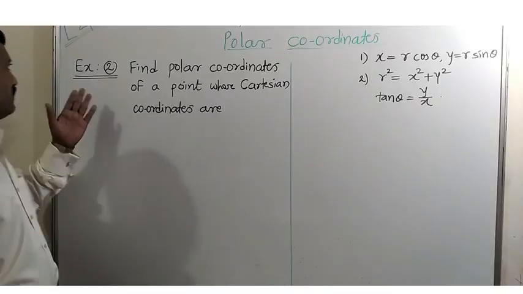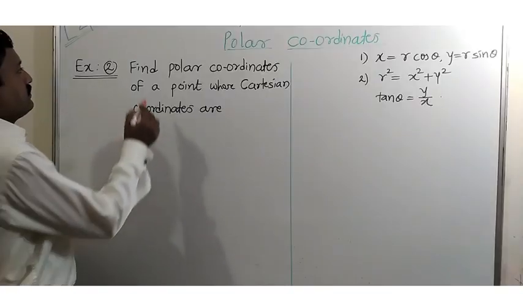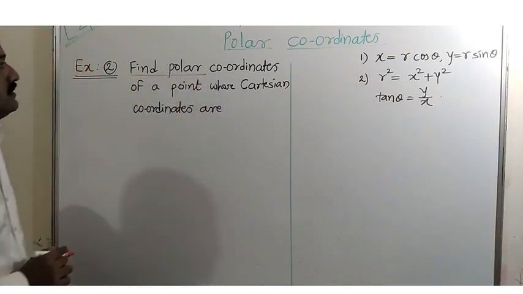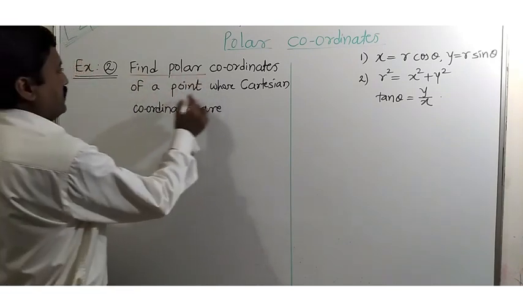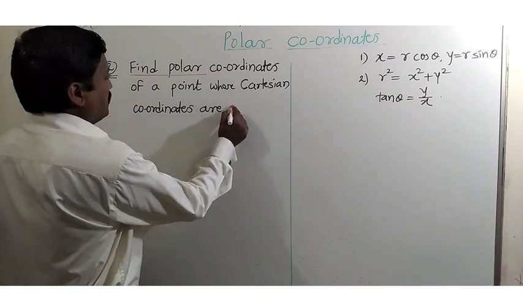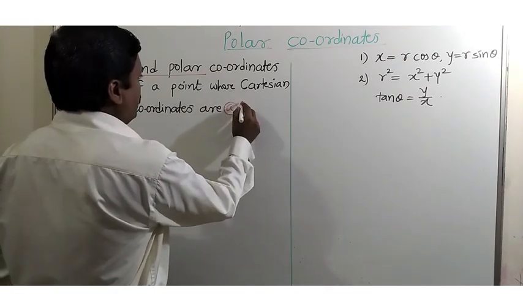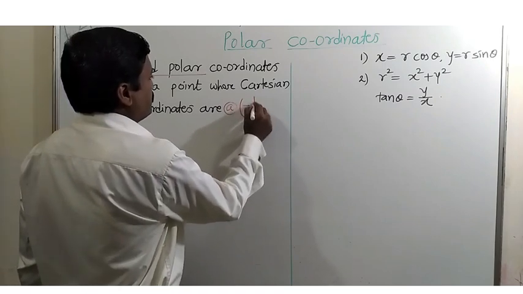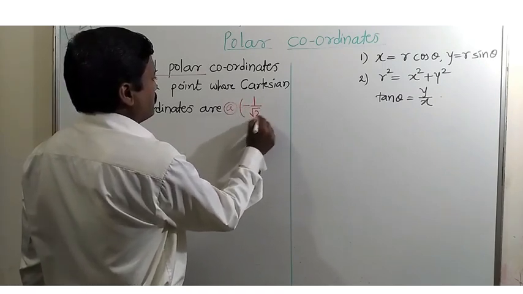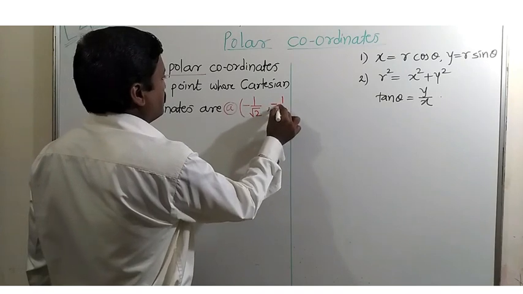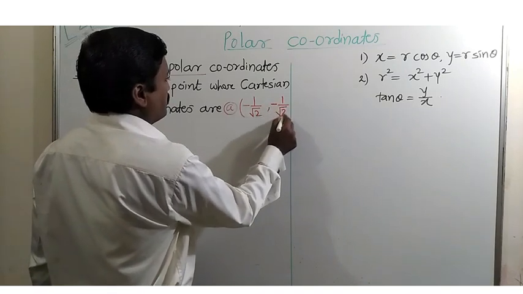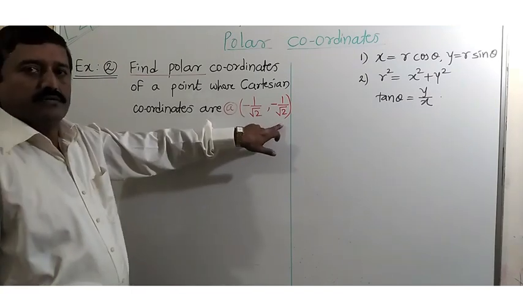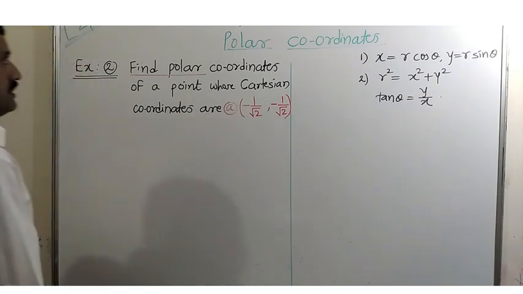Now let us see the second type of example. In this example, find polar coordinates of a point whose Cartesian coordinates are, suppose A as minus 1 upon root 2 and minus 1 upon root 2 are given.